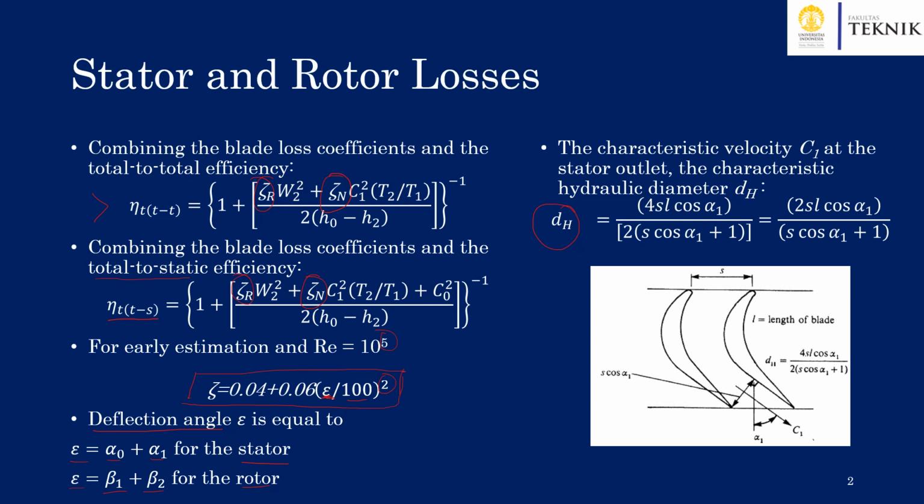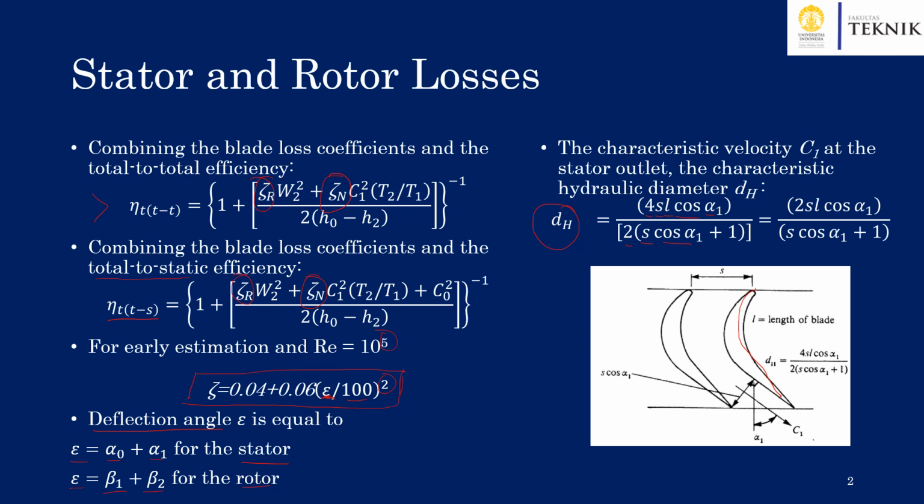The stator and rotor losses will also lead us to another parameter known as the characteristic hydraulic diameter, or DH. That is a function of 4 multiplied by S and L, where S is the distance between the blades and L is the length of the blade itself, multiplied by cos alpha 1, divided by 2 multiplied by S cos alpha 1 plus 1.